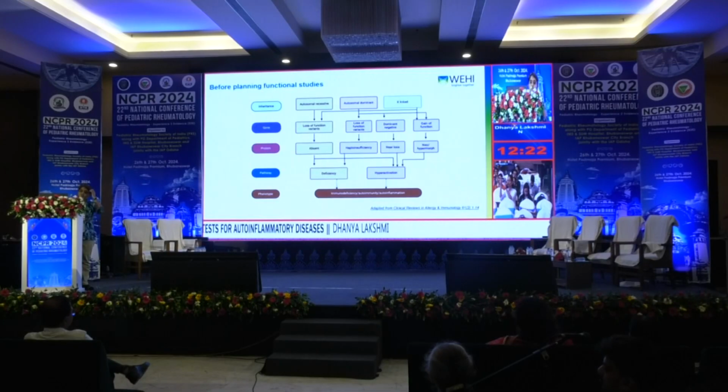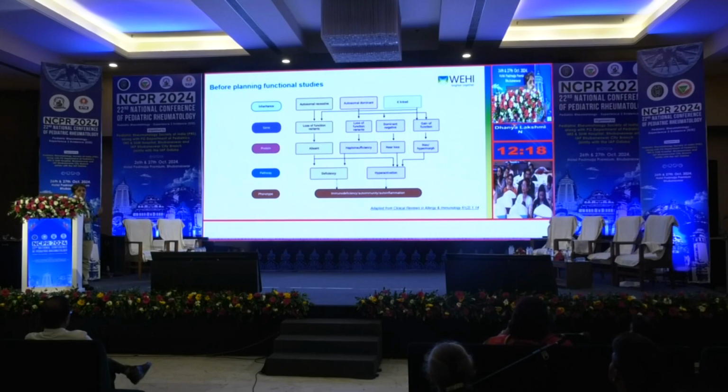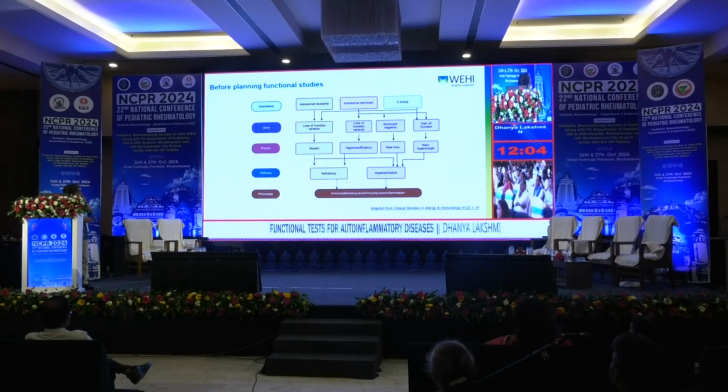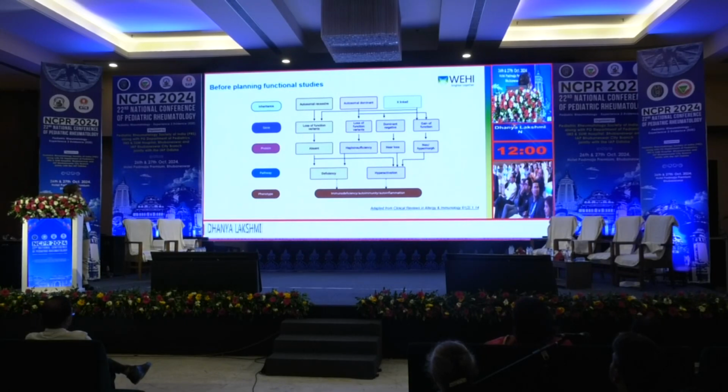Inheritance pattern is something like our shadow, it never leaves us. So we have to approach a clinical condition by understanding the inheritance pattern, and we should look at what happens at the genetic level, whether the variant is causing a loss of function, or whether the variant is a dominant negative autosomal dominant variant, or whether it causes a gain of function.